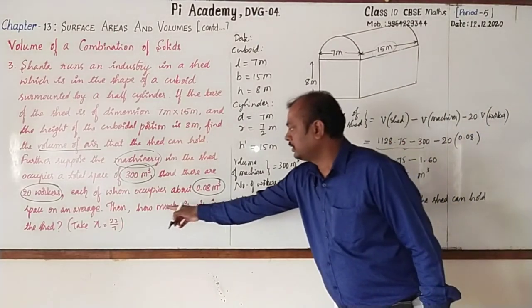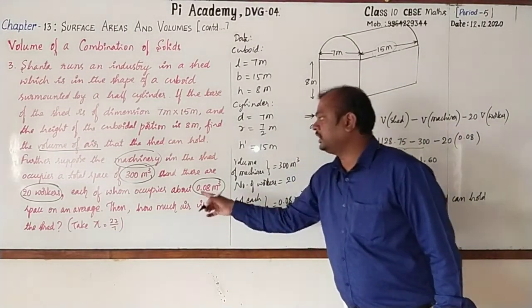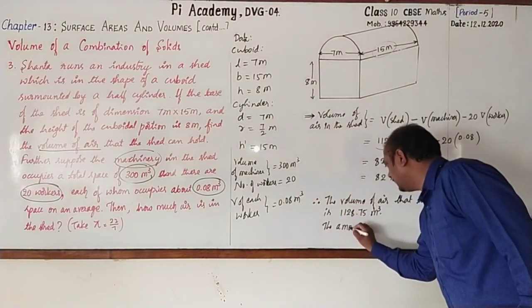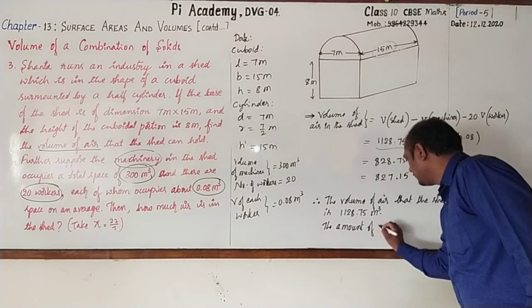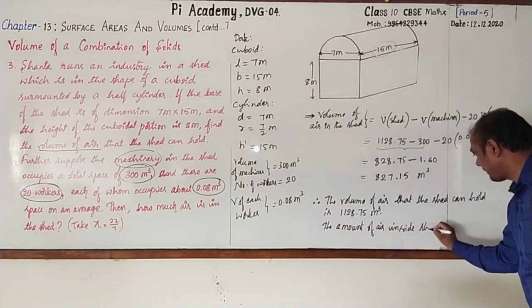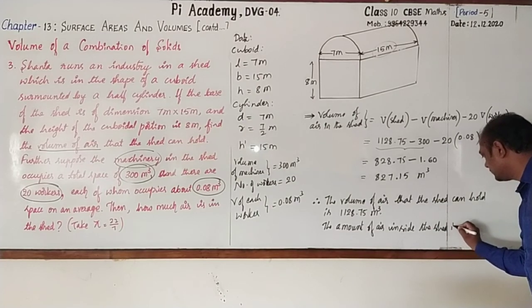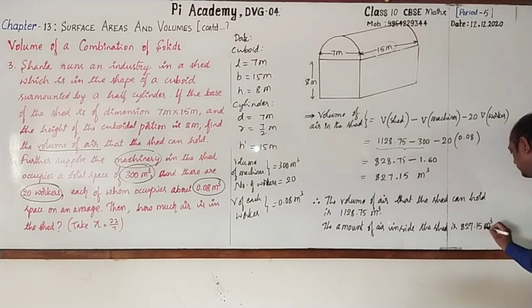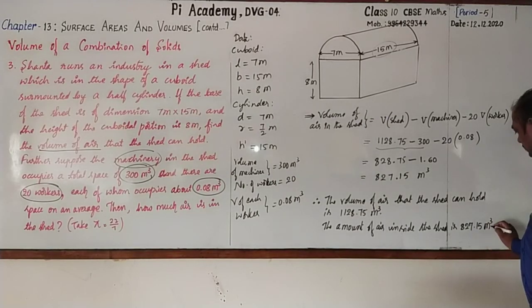Next, how much air is in the shed? Here, the amount of air inside the shed is how much? It is 827.15 meter cube. Got it?